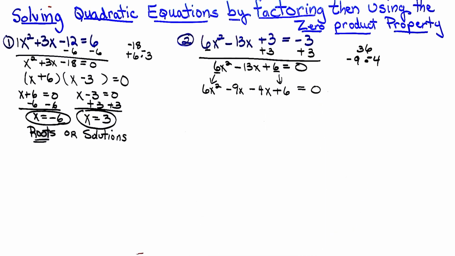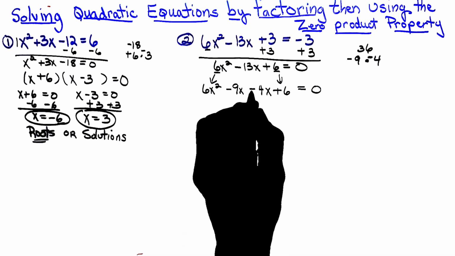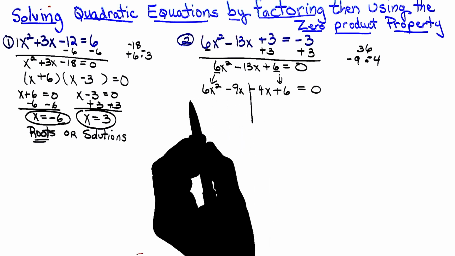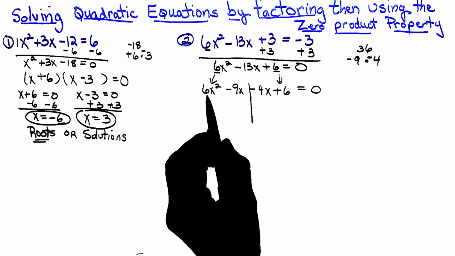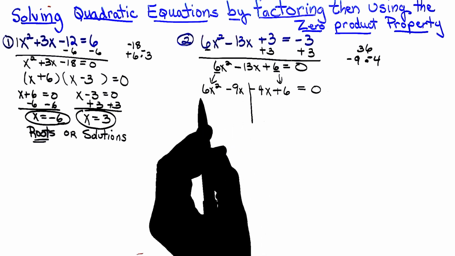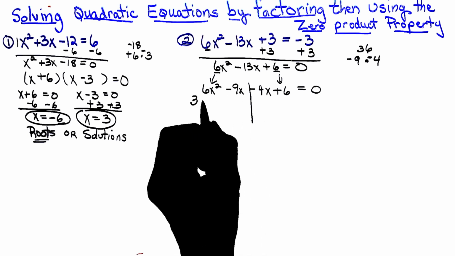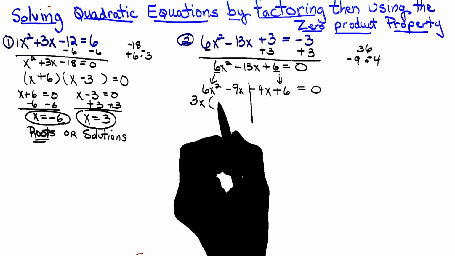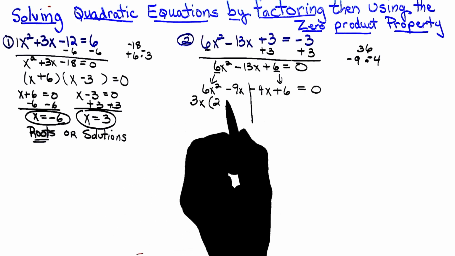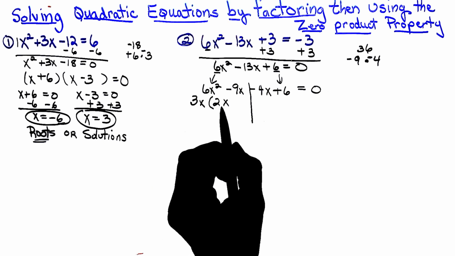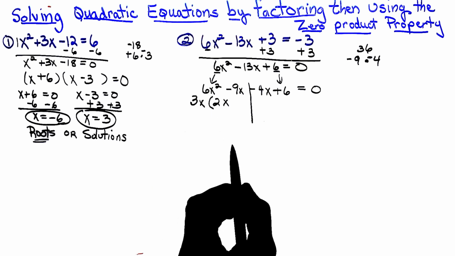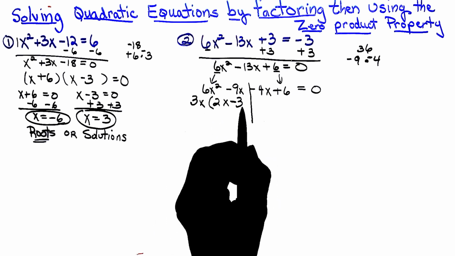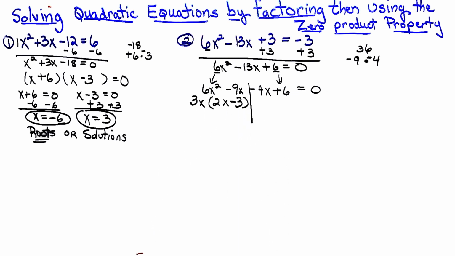At this point, if you remember, when we were factoring, we split it up into two parts. And then we're going to take out the common factor. Well, between 6x squared and negative 9x, I know that 3x would be my common factor. So in my parentheses, I end up with a 2x, because 3x times 2x is 6x squared, minus just a 3, because negative 3 times 3x is 9x.